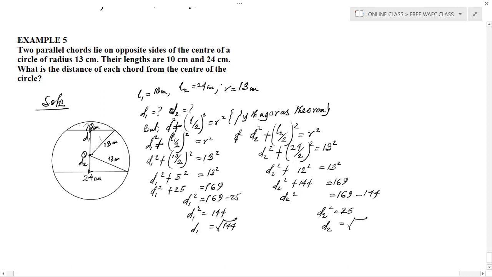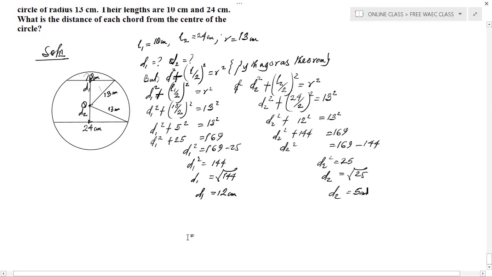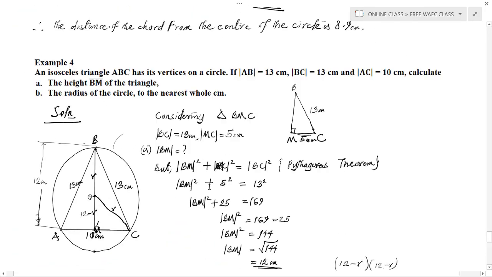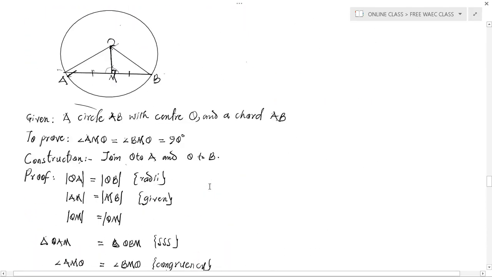D2 equals square root of 25. D1 equals 12 centimeter and D2 is 5 centimeter. So we have looked for their distances from the center of the chord, and that is just the answer.